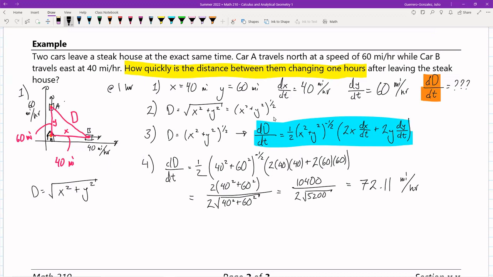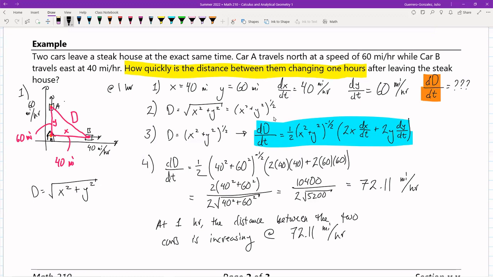So at 1 hour, 72.11 miles per hour. There we go. Here's our final answer there.